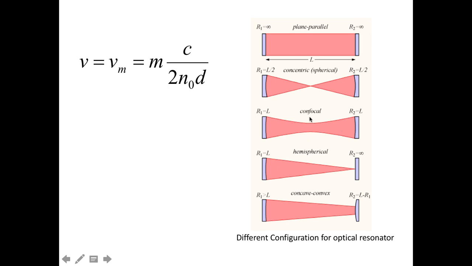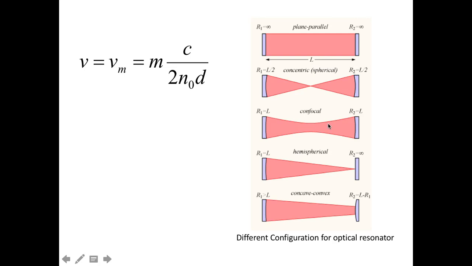And then we will take the confocal resonator or cavity. A common and important design is the confocal resonator with mirror radii equal to the cavity length.